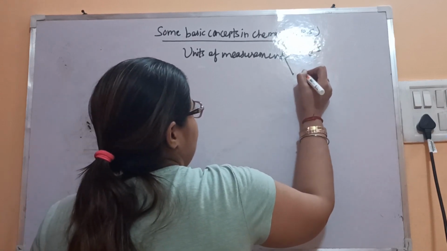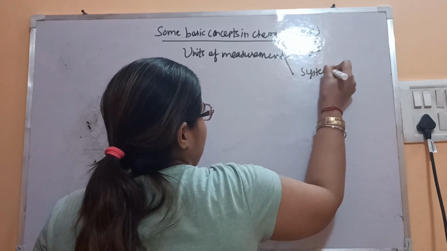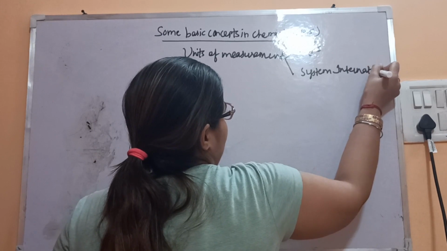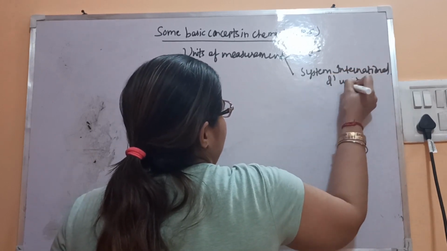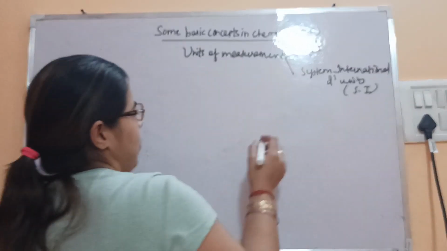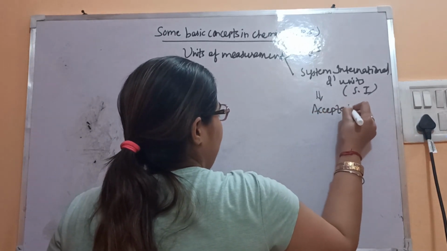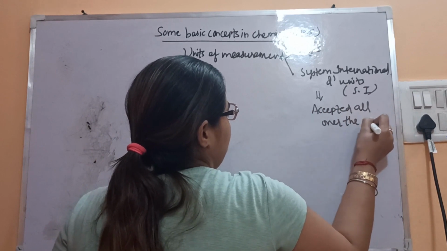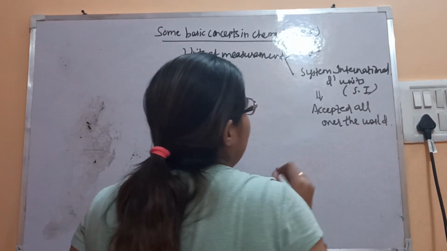One is the Système International, that is the SI system of units. This is accepted all over the world. This CGS is not that accepted.